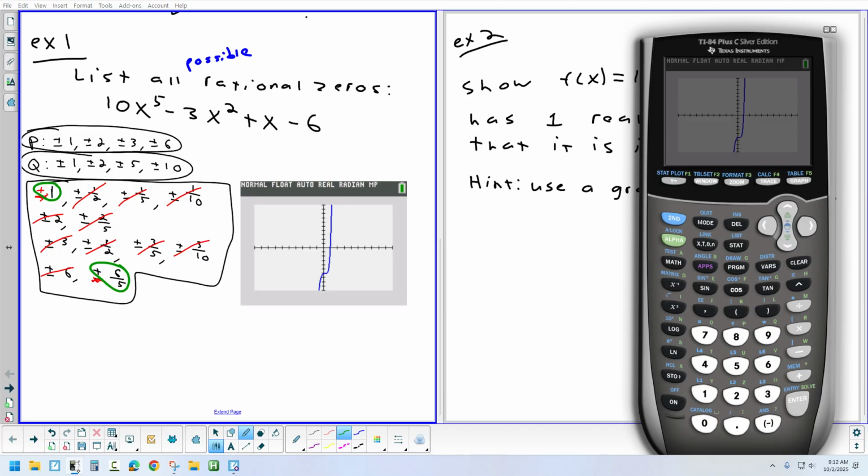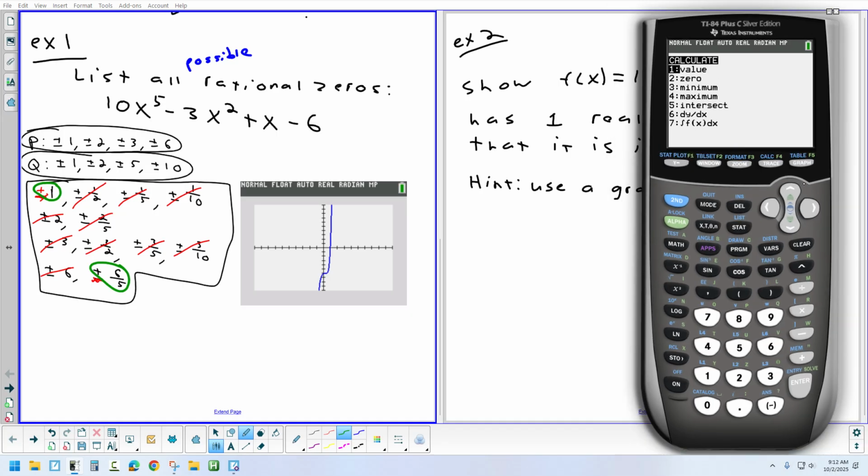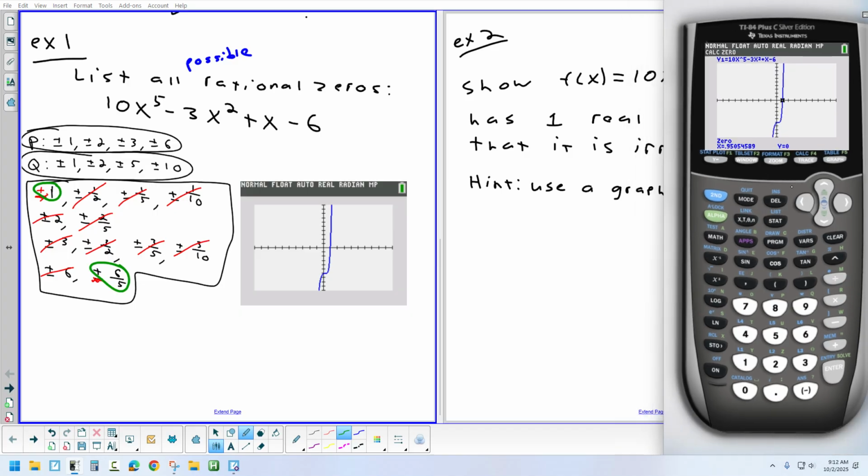Yeah, second calc, zero. All right, so let's do second calc. Let's find the zero. And this one crosses at 0.9505.